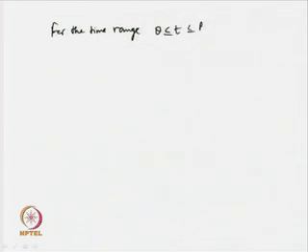For the time range theta is less than or equal to t is less than or equal to p u by 2, we know that the input u tau minus theta, which is nothing but u t minus theta, will be minus h.